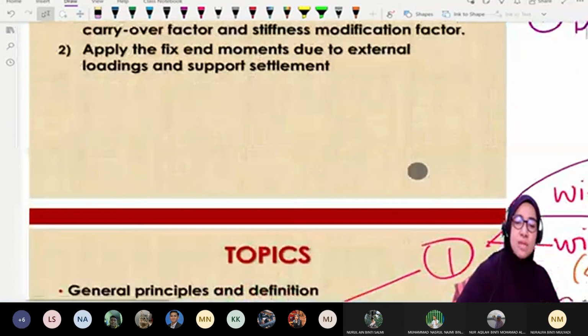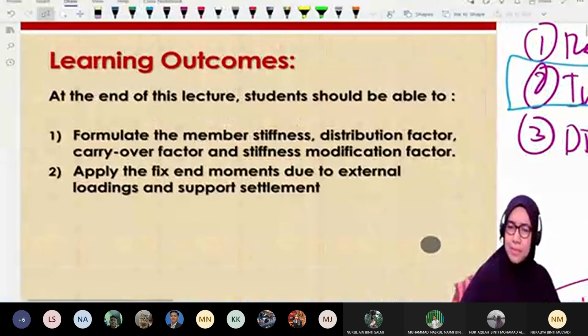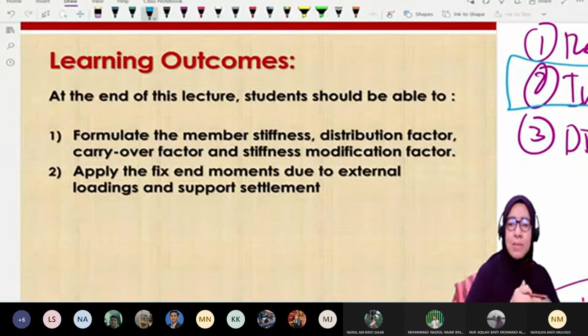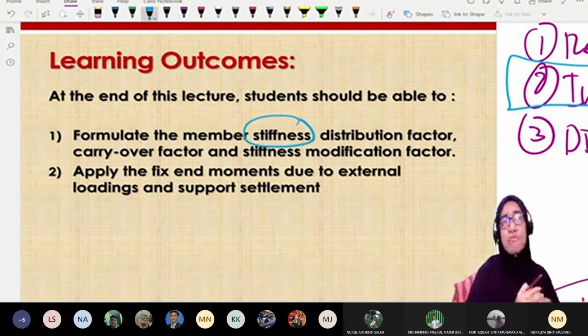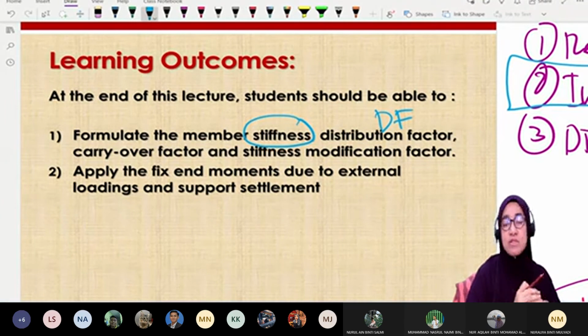Okay, under this you can see the learning outcomes. They all describe the process. So you have to know stiffness, which I showed in the graph just now. What is stiffness? Distribution factor, DF; we use DF as the label in the table.